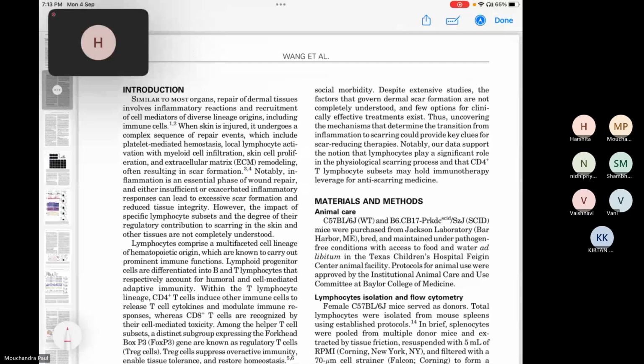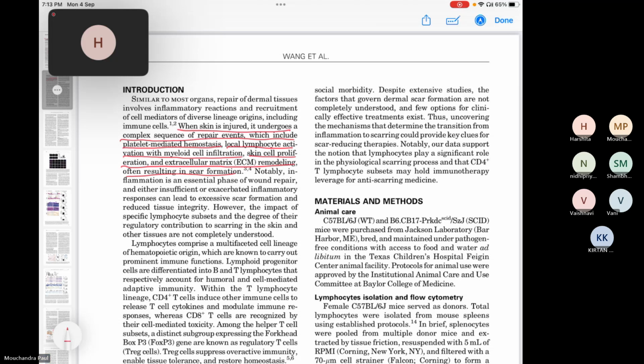When tissue is injured, it undergoes a complex sequence of repair events, which include platelet-mediated hemostasis, local lymphocyte activation, myeloid cell infiltration, skin cell proliferation, and ECM remodeling, which result in scar formation. That is what I just said, the four phases.